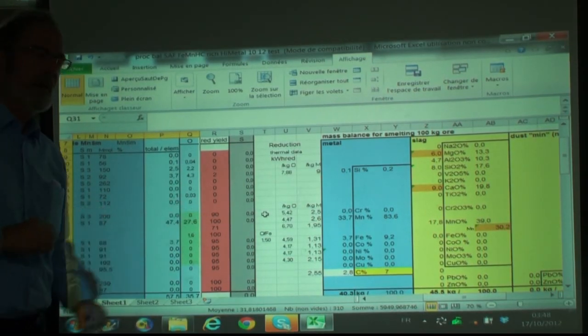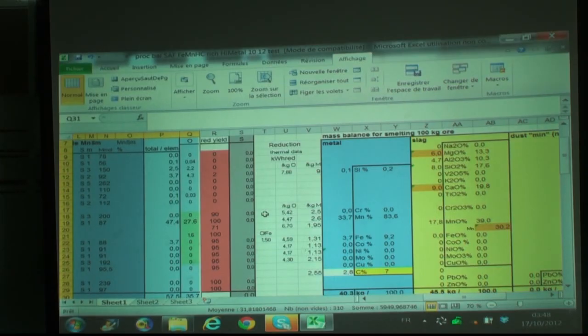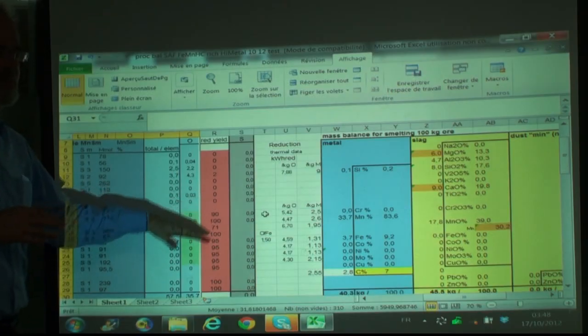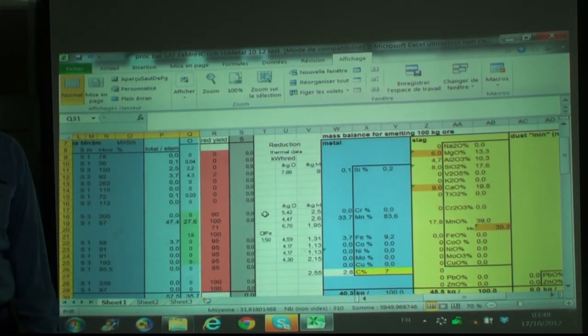So, as to manganese, as I told you, there is the specificity that manganese may be present by two oxides, MnO2 and MnO.